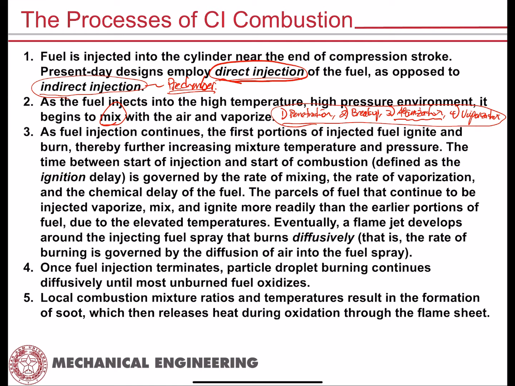That would be the portion that is the premixed burning. That premixed spike consequently raises your mixture temperature and pressure, which, by the way, accelerates the atomization and the vaporization, okay? But sometimes you can be injecting so much fuel that even with the higher temperature increasing the rate of atomization and vaporization, it still might have a difficult time keeping up with that fuel that's injecting into the cylinder.